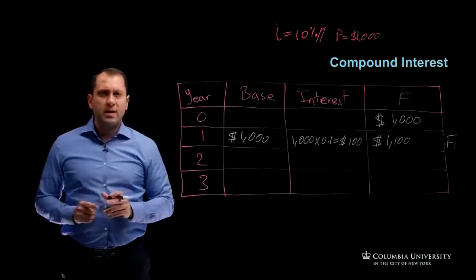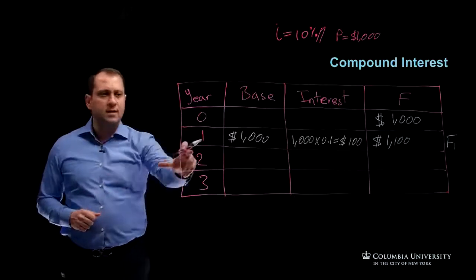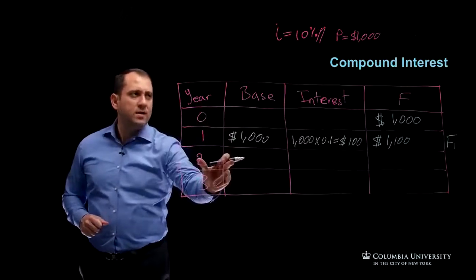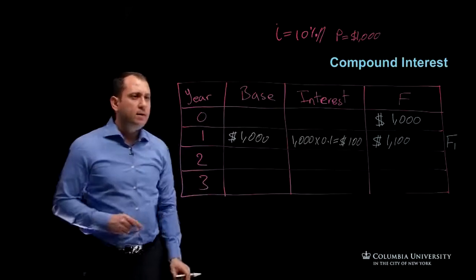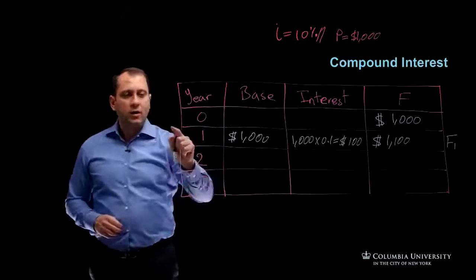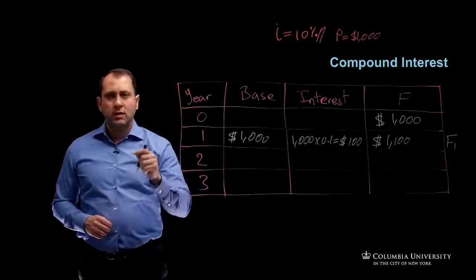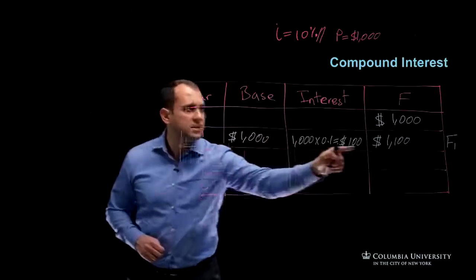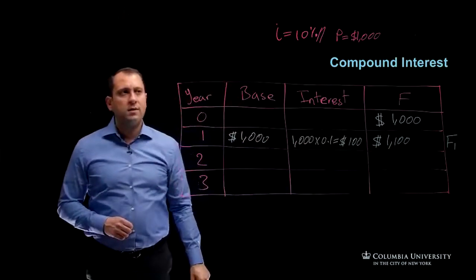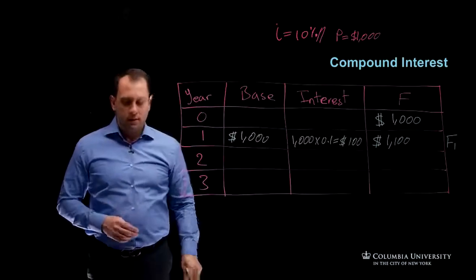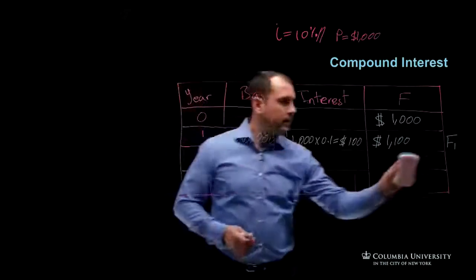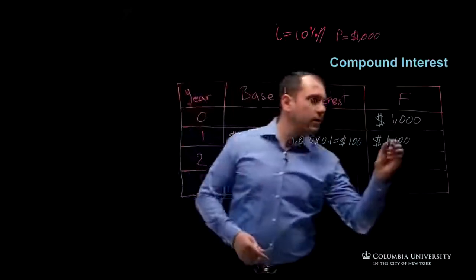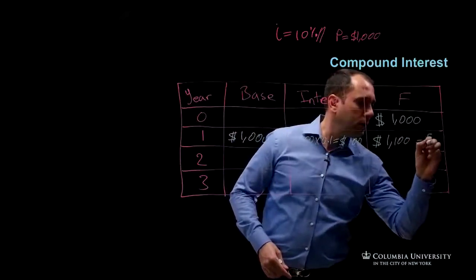Now, where does it become different? It will be in the second year and moving forward. For the second year, the base to apply the interest would be the total amount at the end of the previous year, which in this case is the $1,100, F1.